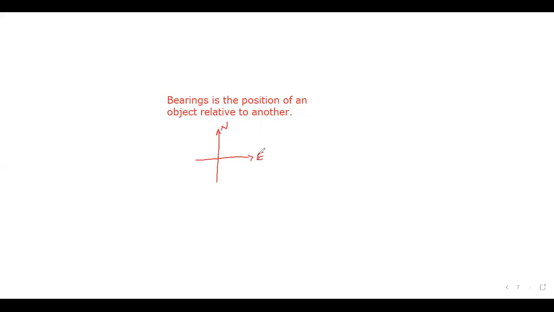East. West. Then South. So this side is 0, then 90 degrees. This one is 180 degrees. This side is 270 degrees.